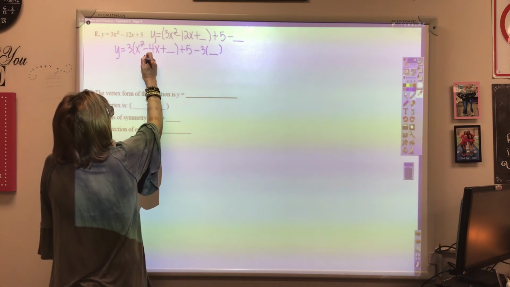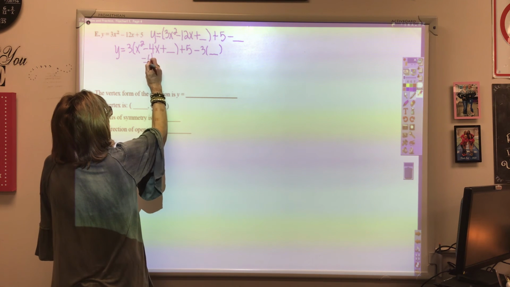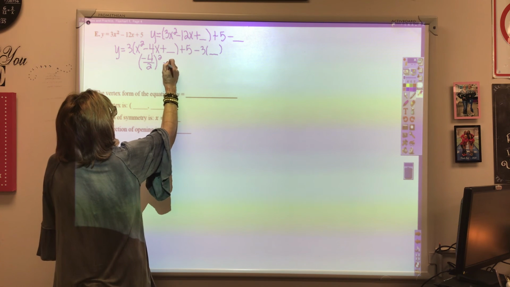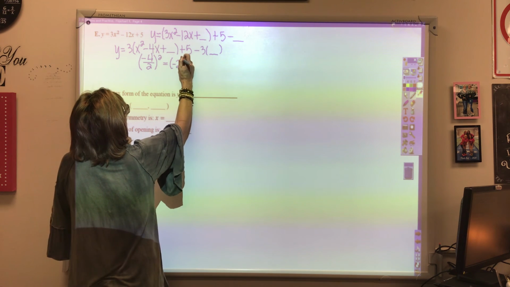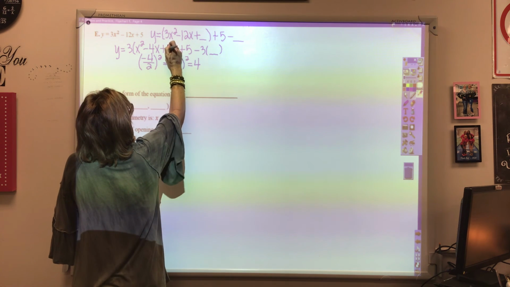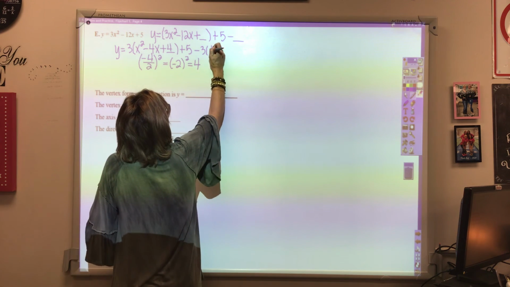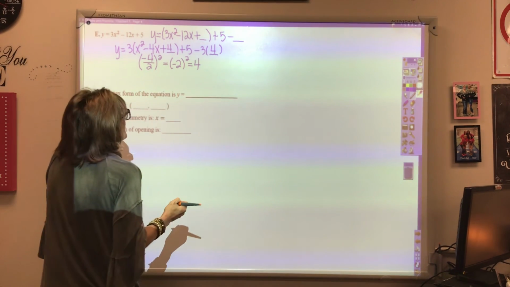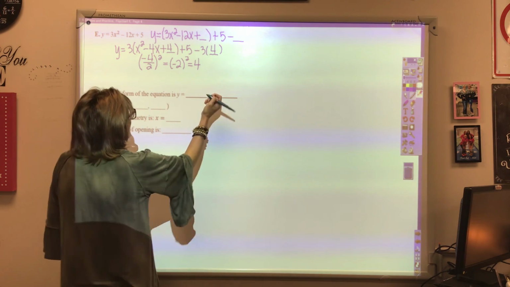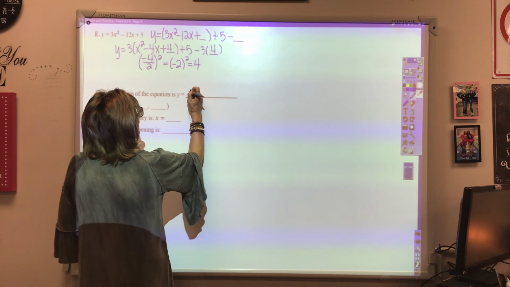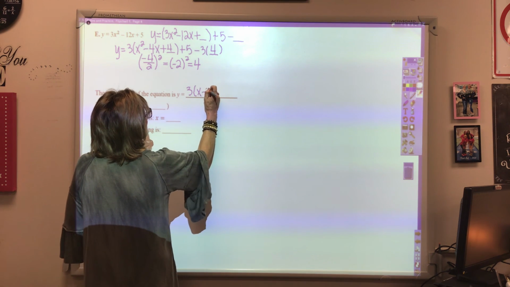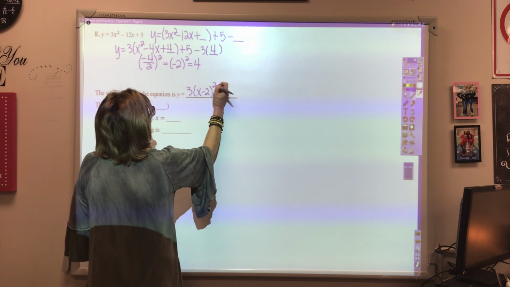To figure out the blank, we take negative 4, divide it by 2, and square it. That would equal negative 2 squared, which is 4. So we're going to add 4 here, take away 4 here after we multiply by 3. I think we can do this part in our head, so let's just go ahead and write it in vertex form. We would have y equals 3 times x minus 2 squared.